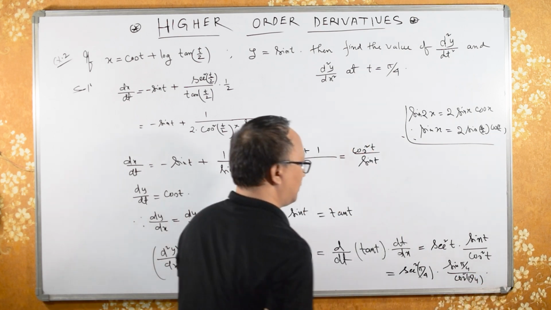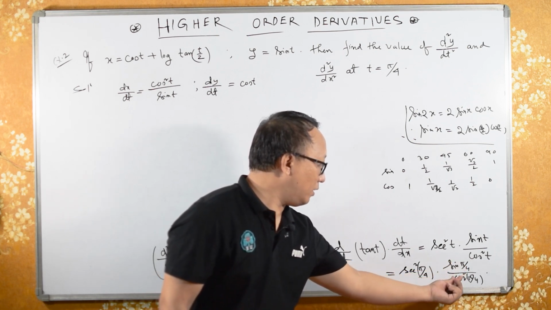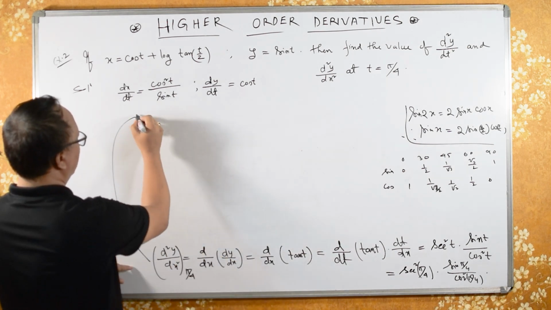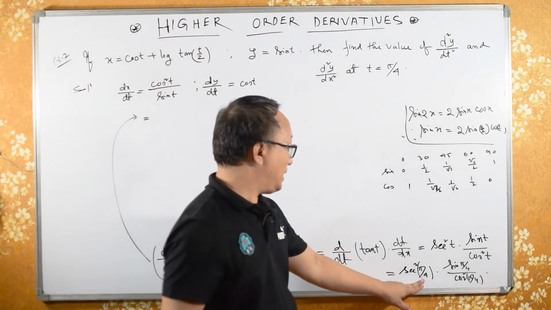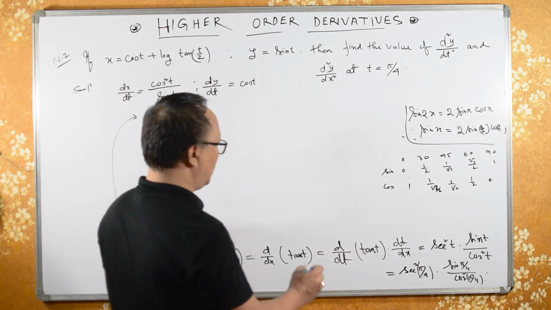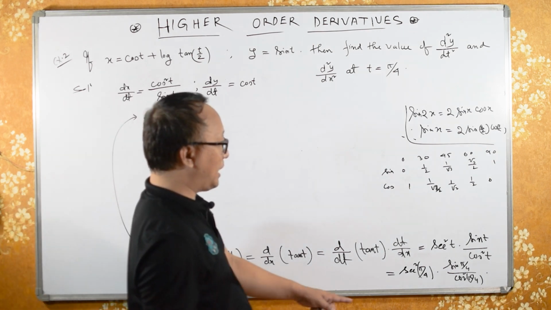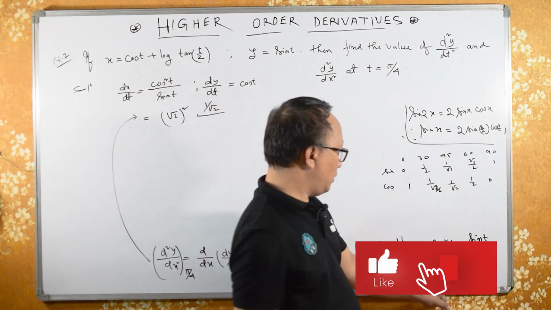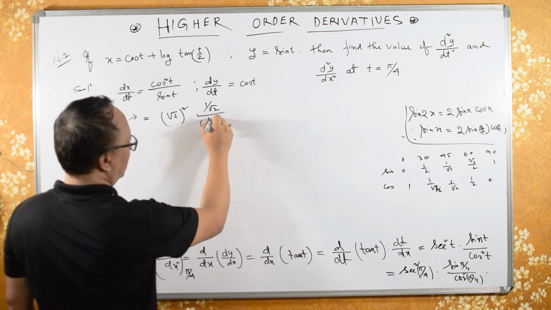By substituting the value over here, d2y by dx square at pi by 4 is sec square pi by 4. Sec of pi by 4, that is 45 degrees, is root 2, the whole square, into sin 45, which is 1 by root 2, upon cos square 45, which is 1 by root 2 the whole square.